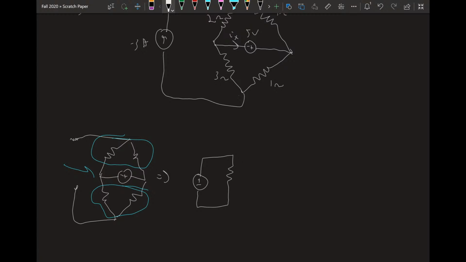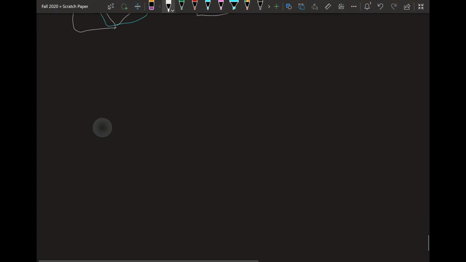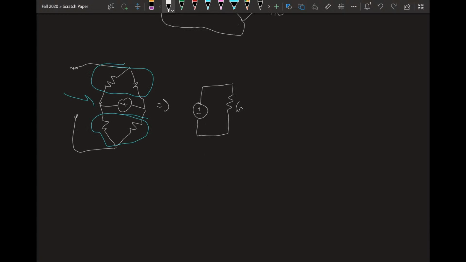So, okay, these resistors are in series, and that series combination is in parallel with everything else. I misspoke, sorry. When you do a series combination, this is 6 ohms, and this is 4 ohms, and this is, of course, 5 volts.